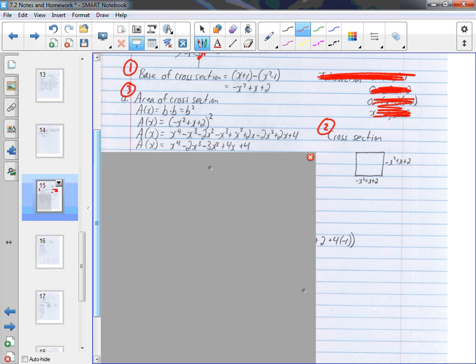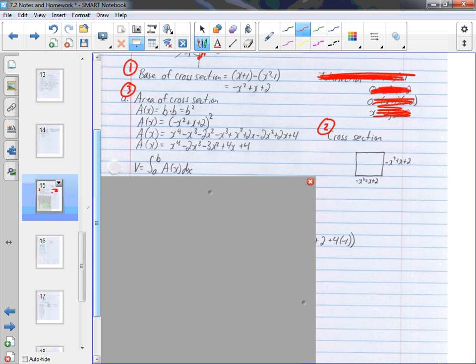All right, so I'm ready to integrate. You ready to integrate? So the volume accumulates the volumes of these cross sections. Okay?